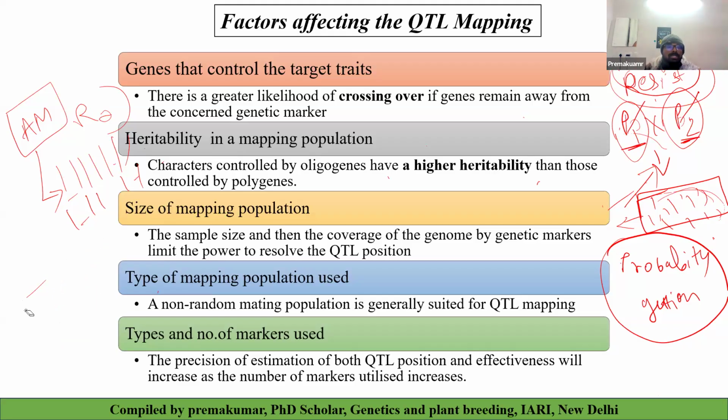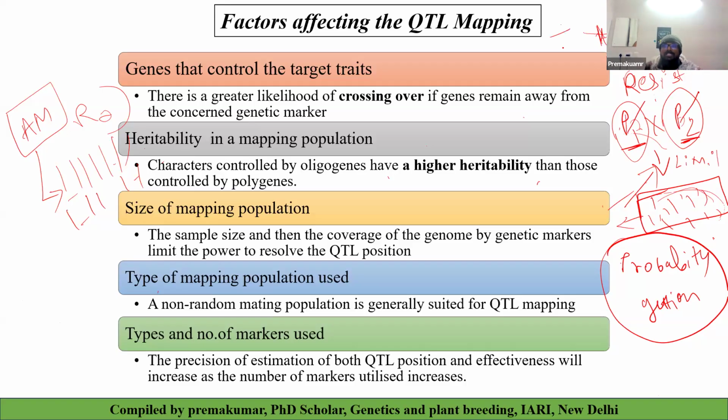When it comes to resolution, here there will be very limited recombination. You will get a QTL and markers having the QTL, but it may be within 20 centimorgan. The confidence window will be very large. The power, the probability of identifying a QTL, is very high, but you may get larger intervals.